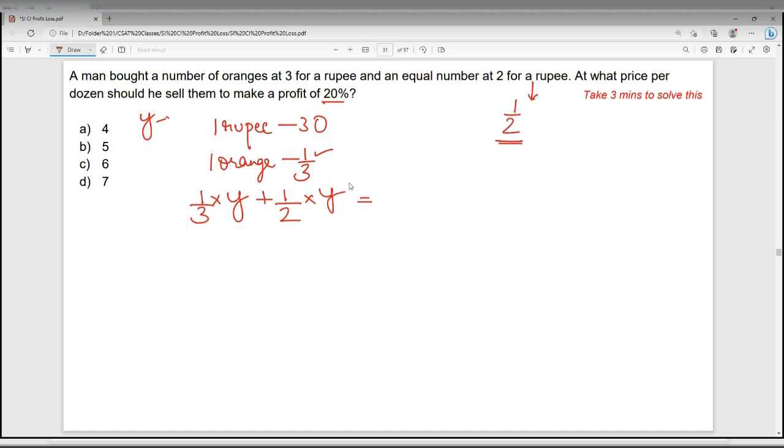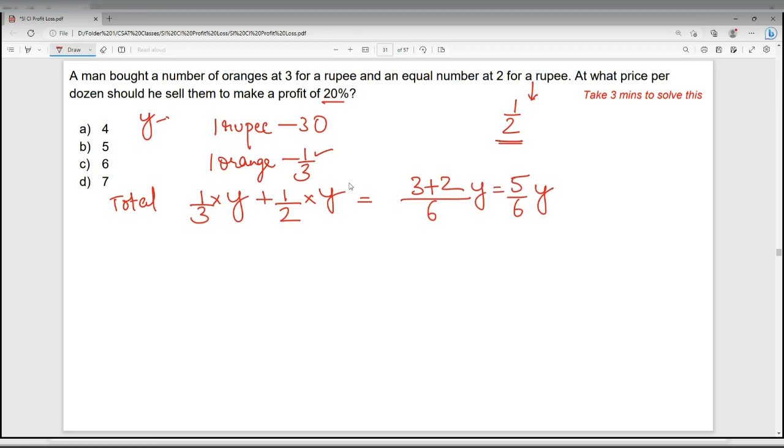So what's the total cost? This is (3 plus 2) divided by 6 into y. This is 5/6y. 5/6y rupees was the total cost.